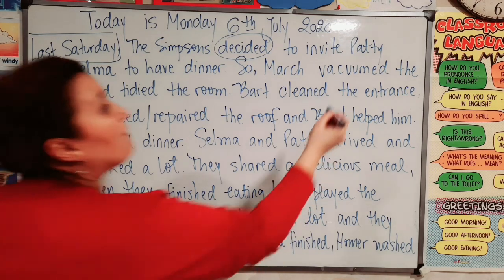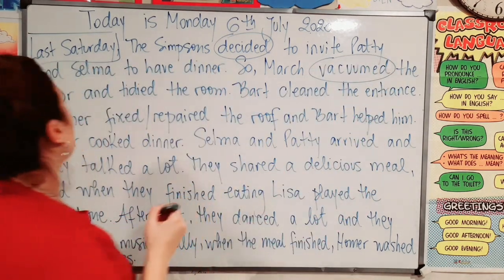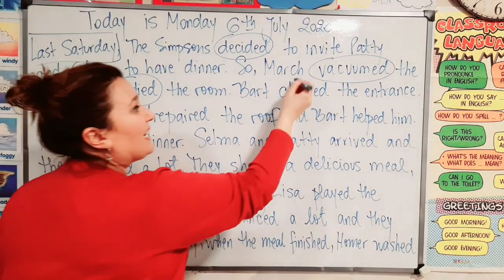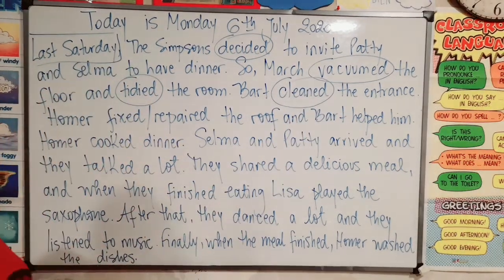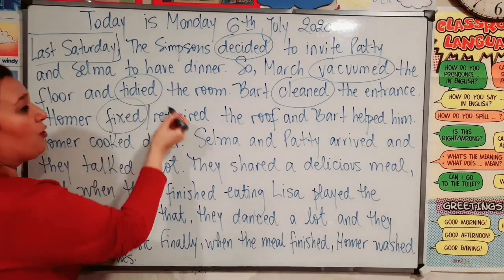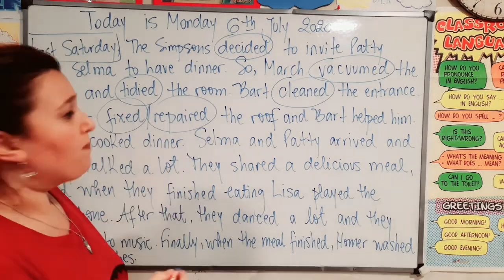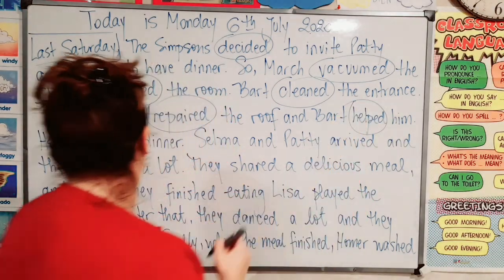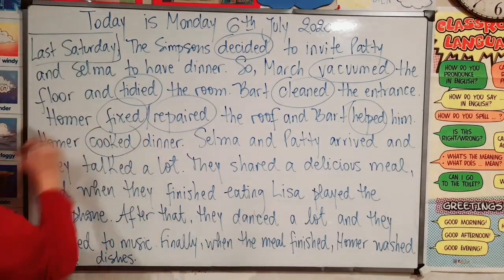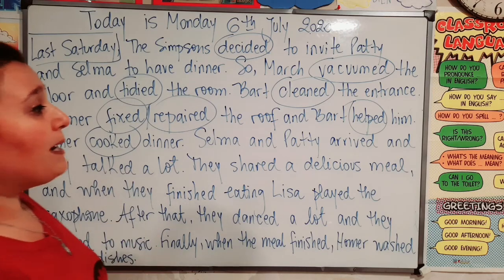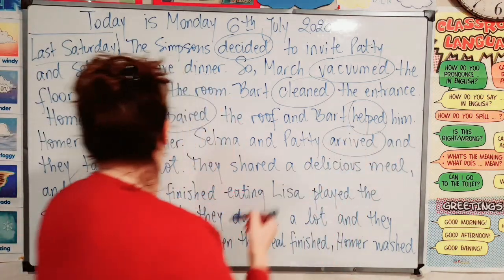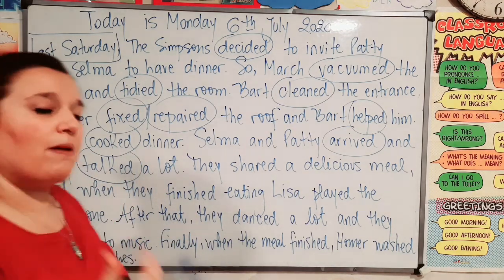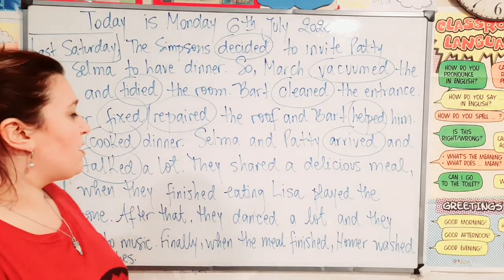Marge vacuumed the floor and tidied the room. Bart cleaned the entrance. Homer fixed or repaired the roof, and Bart helped him. Homer cooked dinner. Selma and Patty arrived and they talked for a long time, remembering moments when they were younger.